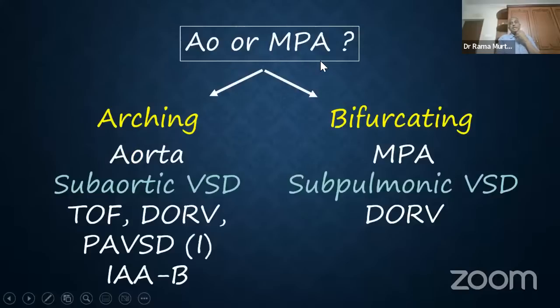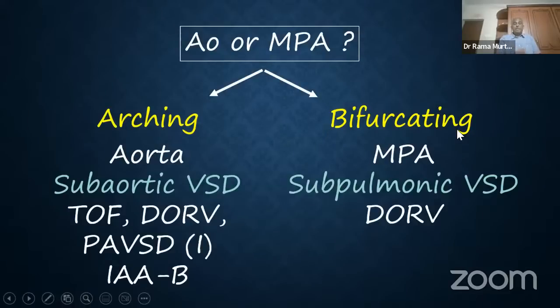The next question is: identify the overriding artery. An overriding artery can be either the aorta or the pulmonary artery. And how do you say it is the aorta? If it's an arching artery. How do you say it is the main pulmonary artery?